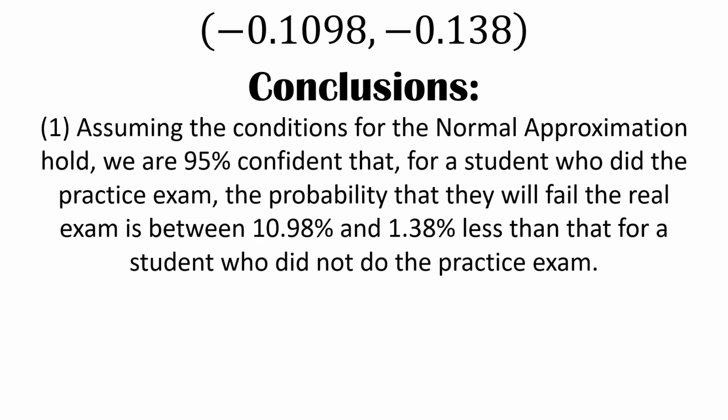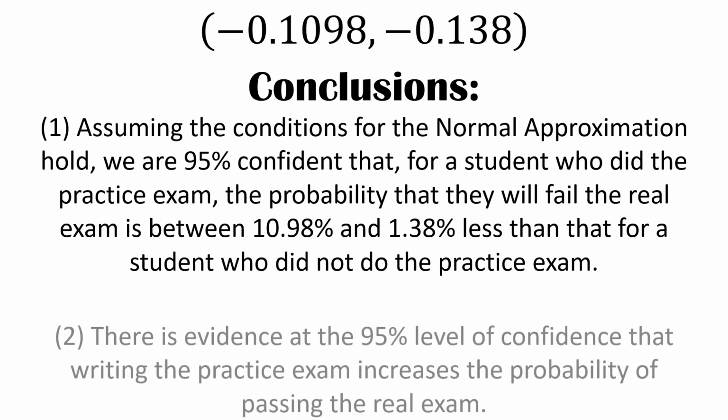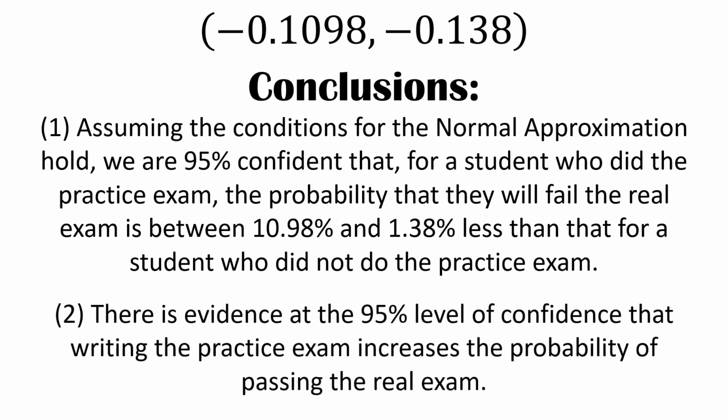So assuming the conditions for the normal approximation hold, we are 95% confident that for a student who did the practice exam, the probability that they will fail the real exam is between 10.98 and 1.38% less than that for a student who did not do the practice exam. And we can also point out that there's evidence at the 95% level of confidence that writing the practice exam increases the probability of passing the real exam because the confidence interval is negative.